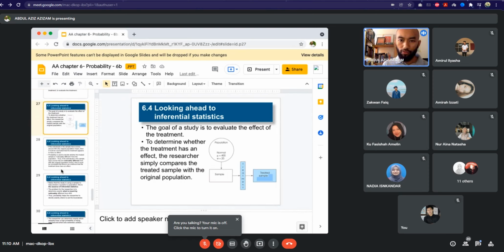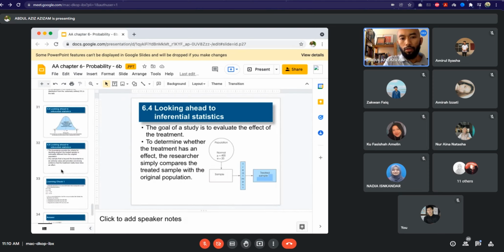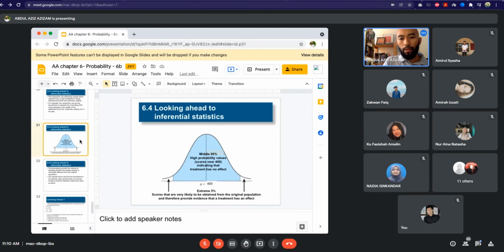Okay, looking ahead to inferential statistics. Okay, so if you still remember, in the inferential statistic, we really want to look at the effects on something, right? Okay, the effect meaning that we look at something noticeable difference.